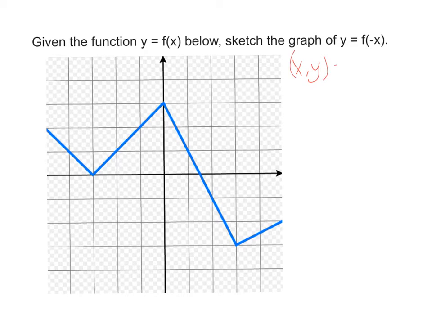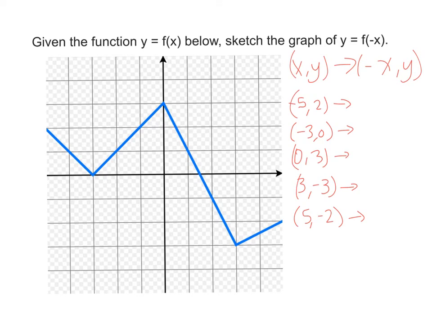x, y maps to negative x, y. The original points are the same as they were on the previous graph, but now we're switching the x value instead of the y. So the new points will be 5, 2, 3, 0, 0, 3. There's the invariant point. This one didn't change.